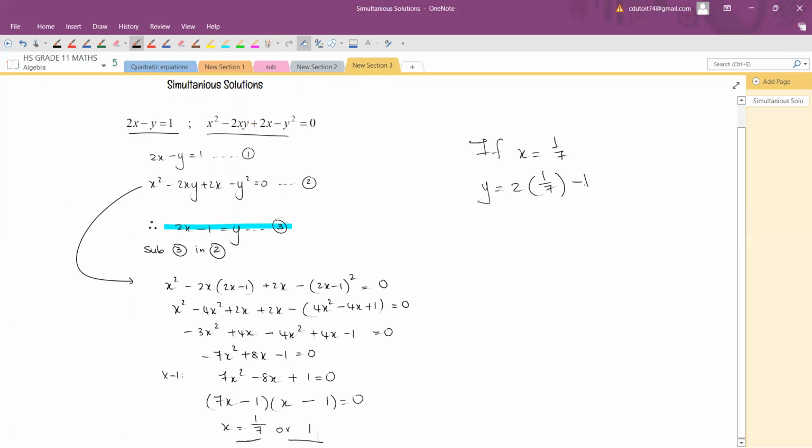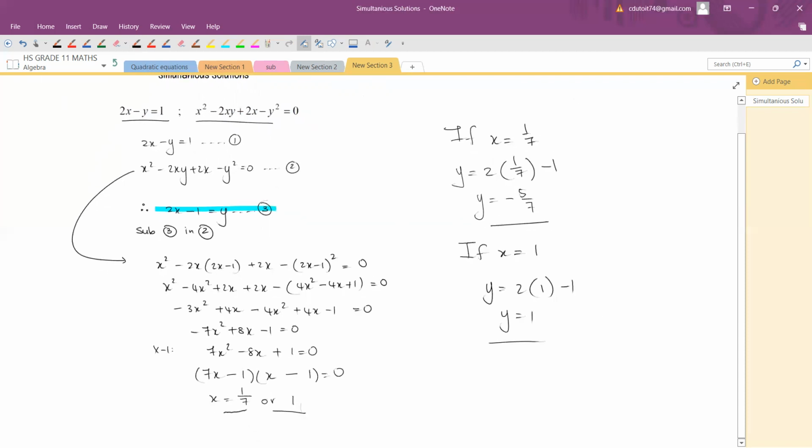What's that? Is that -5 over 7? Yeah, -5 over 7. If x equals 1, then y equals 2 times 1 minus 1, and then y is 1. So there's 2 values for y and 2 values for x.